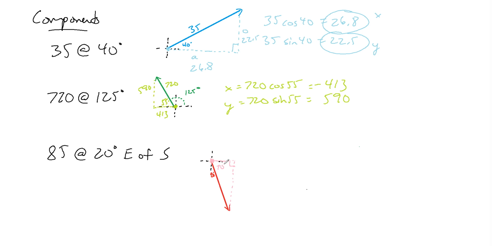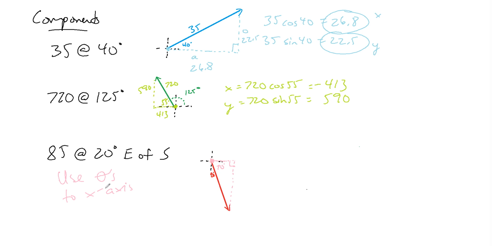This is the other key thing. Big recommendation: you want to try and use angles to the x-axis. There are reasons for it, and we'll get to later on why. I highly recommend don't use the 20, use the 70. It's just going to make things a lot more consistent and a lot easier for you.